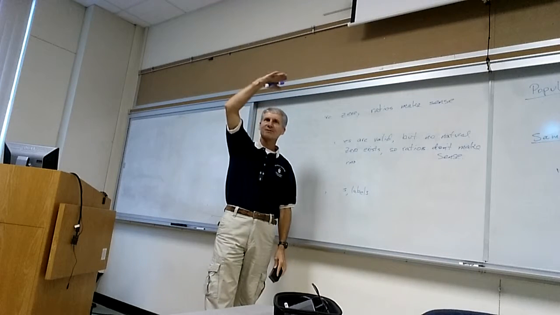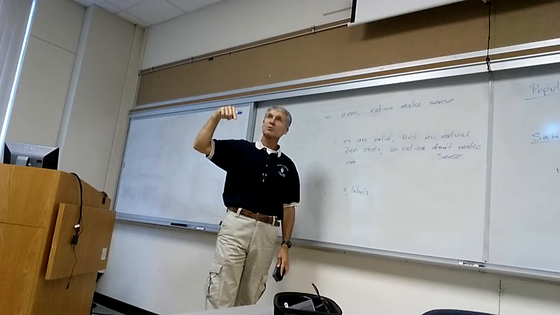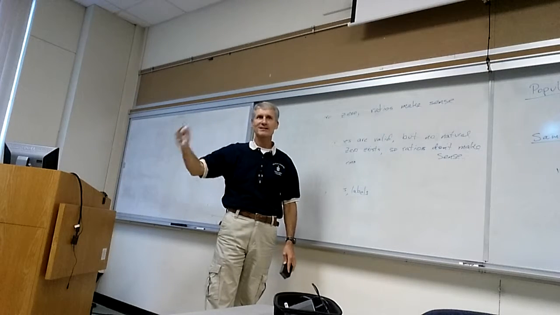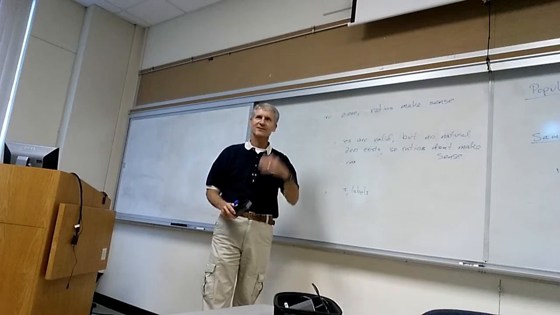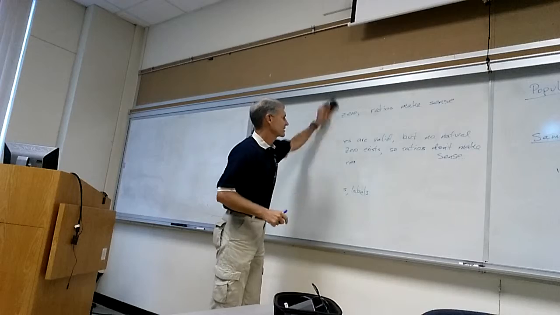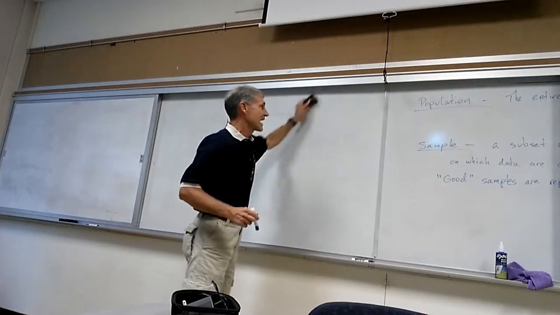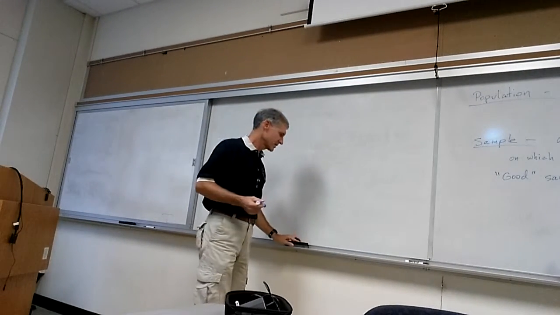Quantile is the top word, generic. A quartile is one type of quantile, and a decile is a quantile, and a quintile, and a percentile. Anything with an "ile" on the end is a type of quantile. So basically, a quantile is a value that has a certain percent below it, right?